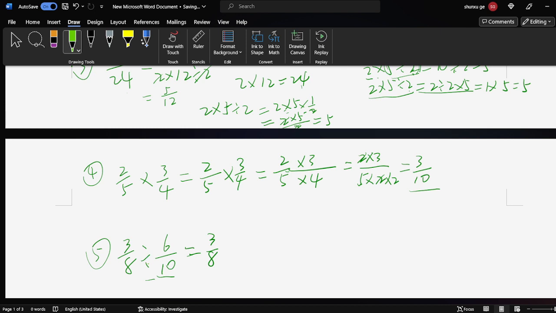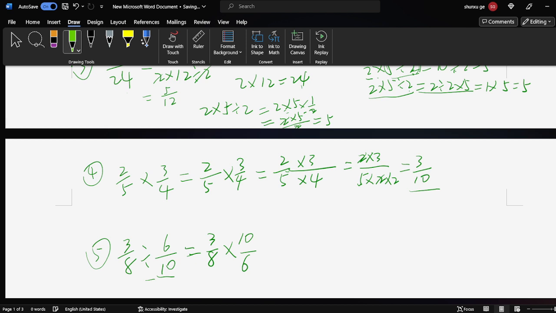Now we change the division to multiplication. Don't forget to make the number its reciprocal. So what does reciprocal mean? Change the numerator with the denominator, change their position. So here 6 is the numerator, 10 is the denominator, change them. 10 goes to the numerator, 6 goes to the denominator.